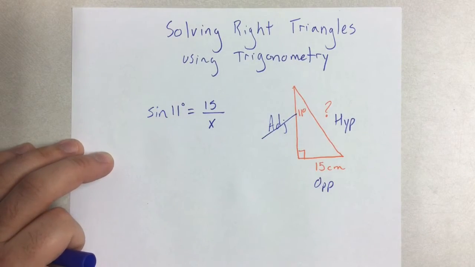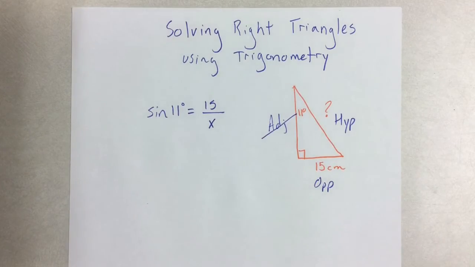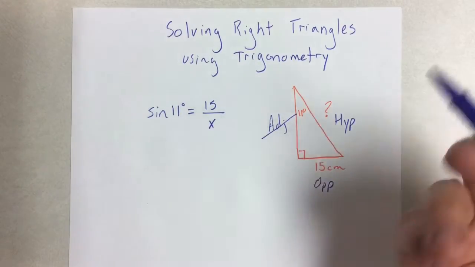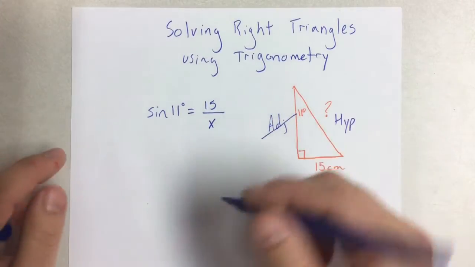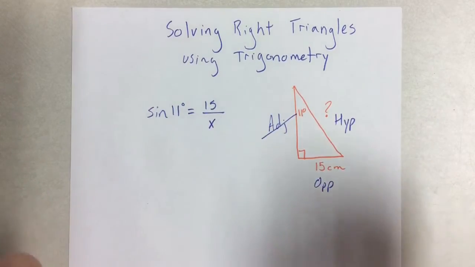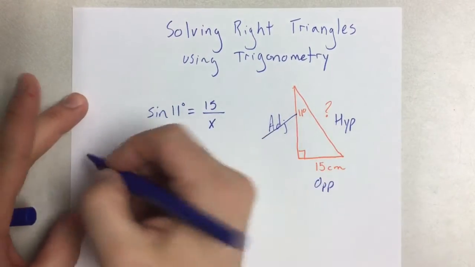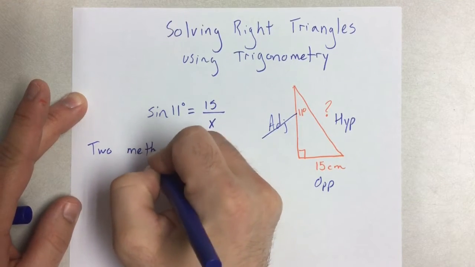So we have an equation that we can solve. I'm going to share with you two ways of solving this problem. They're essentially doing the same thing, but depending on how we want to think about this, one approach might be easier to understand than the other.